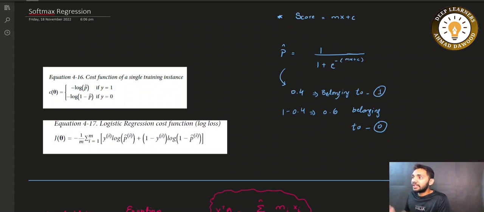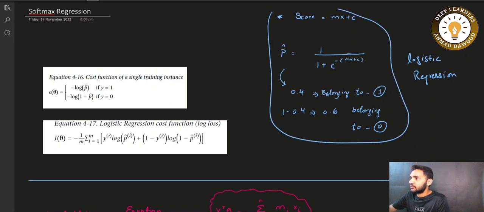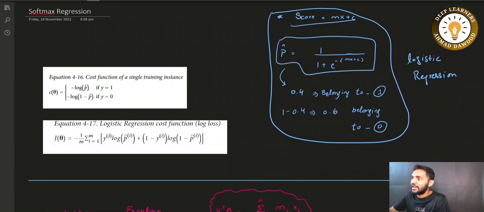In the case of logistic regression, if I say how logistic regression usually works, I have explained this multiple times, and I hope you are quite familiar with this. First we have some score mx plus c, and we apply the logistic function on that score to get the probability of belonging to class 1.